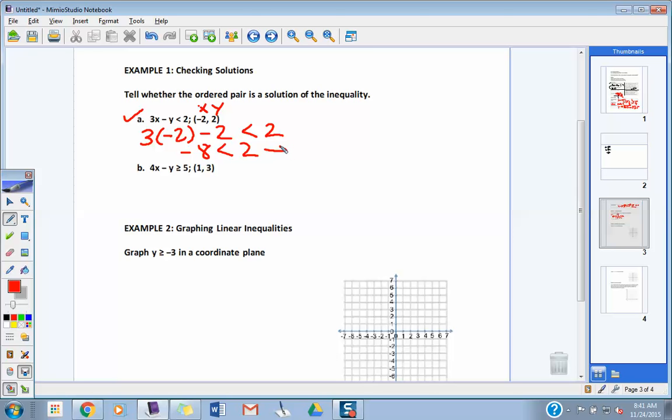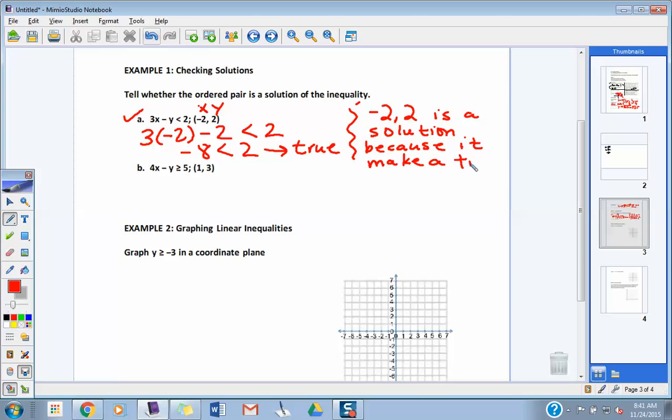So right here, guys, this is what I'll say. I'll say negative 2 comma 2 is a solution because it makes a true statement.